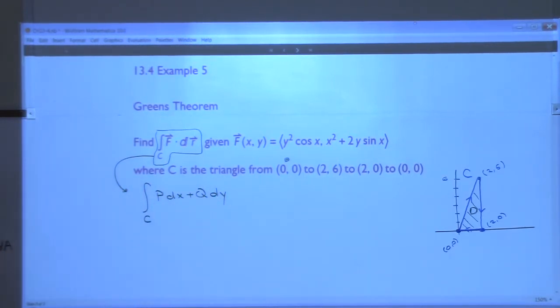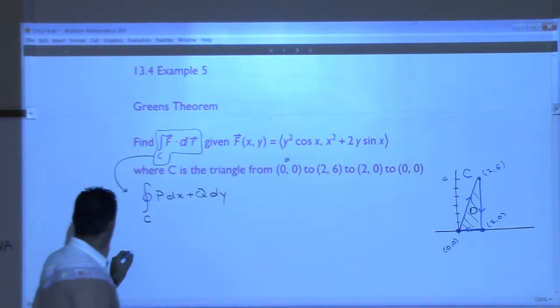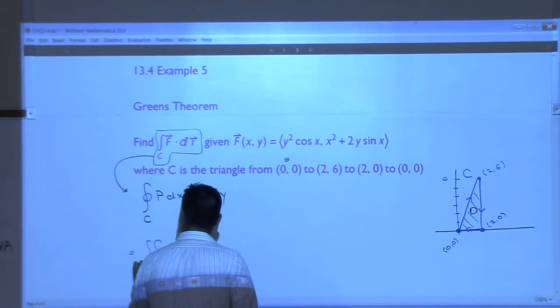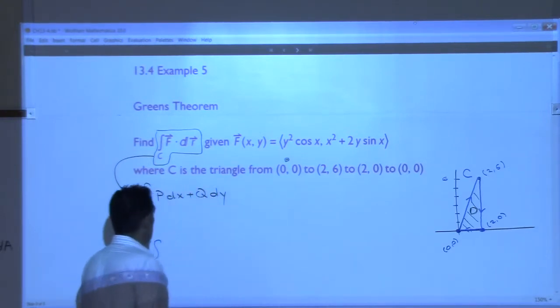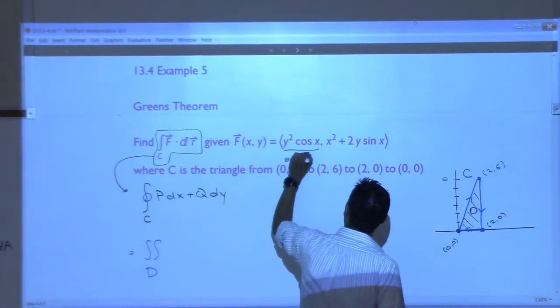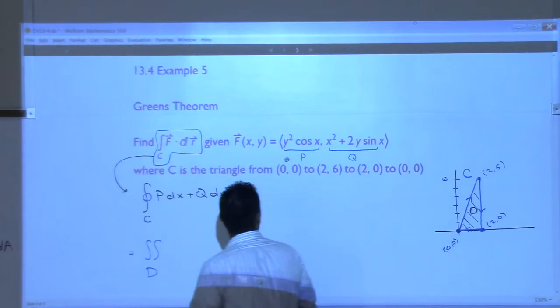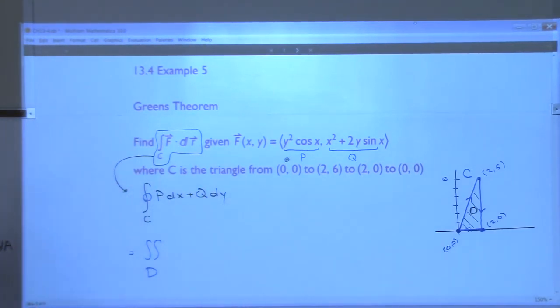But I'm going to go to Green's because it is closed, right? So by Green's, this can become a double integral over D. P here is this. Q here is this. So the first part is the partial of Q with respect to x. Maybe it's not as nice as we were hoping.